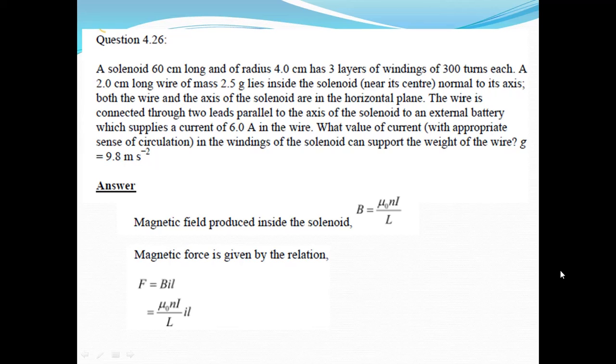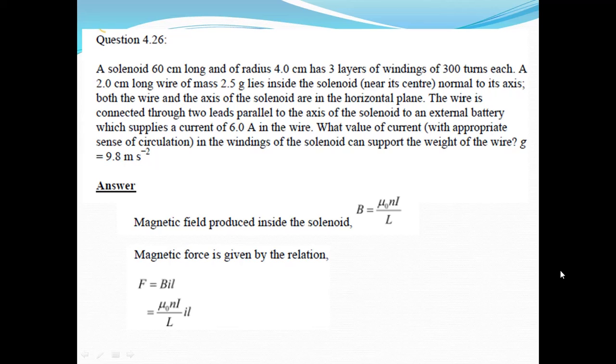So here we have a solenoid. It has a length 60 centimeter and radius 4 centimeter with 3 into 300, that is 900 turns. And there is a wire lying inside the solenoid perpendicular to its axis. Both the wire and the axis of the solenoid are in the horizontal plane, that means in the plane of the paper.